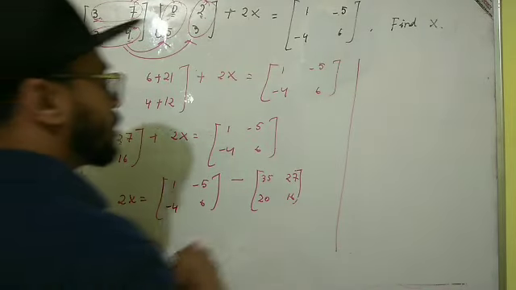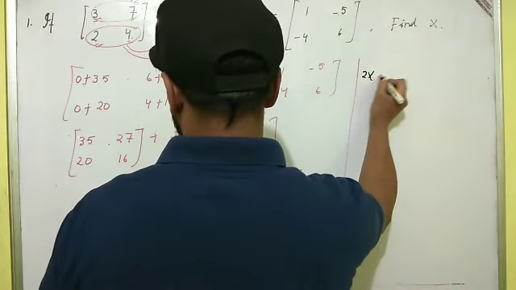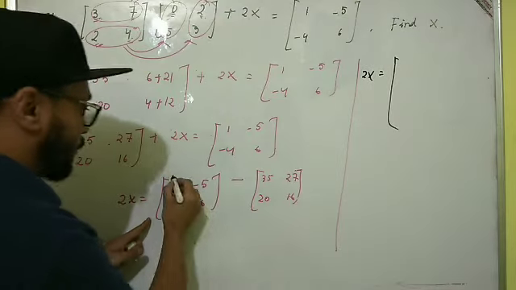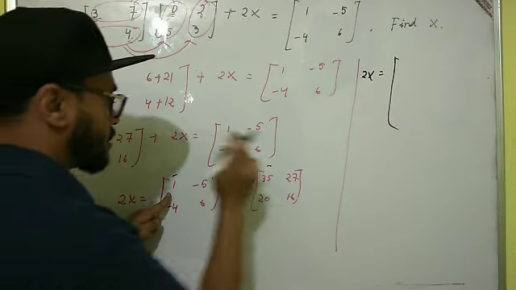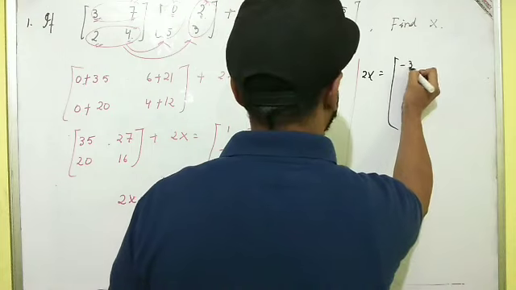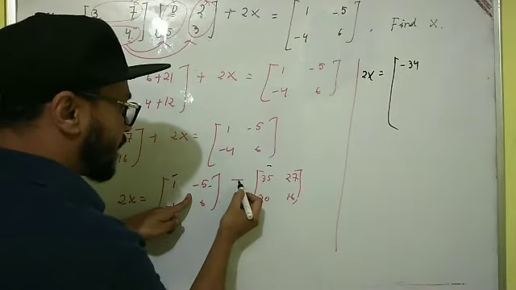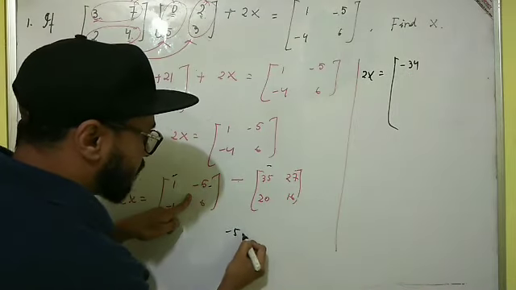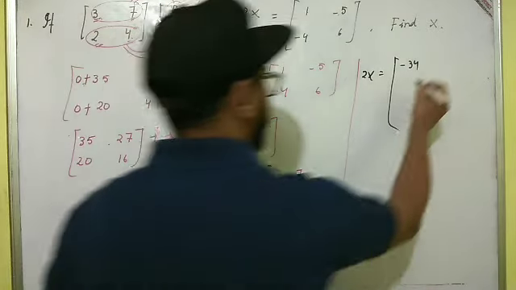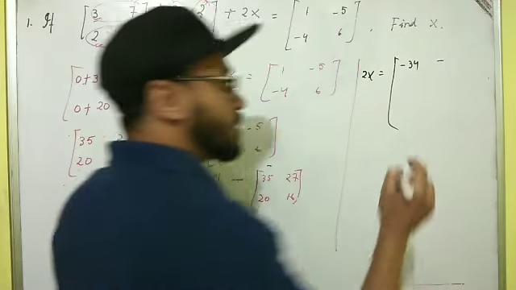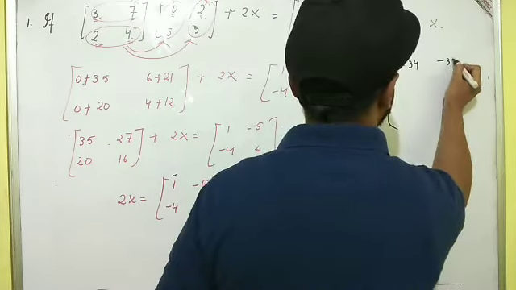So 2 into x is equal to, first with first, 1 minus 35 is minus 34. Then minus 5 minus 27 will be minus 32.